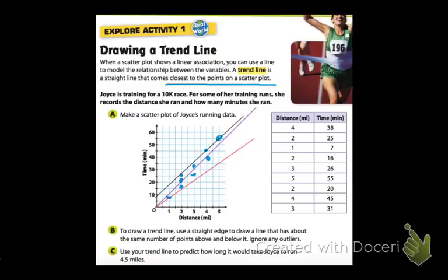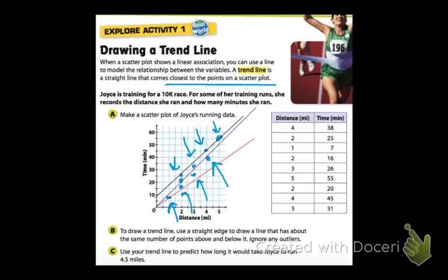If you take a look at the purple line, the purple line does touch a couple of my points and then has 1, 2, 3 that would be above it, 1, 2, 3, 4 points that would be below it. And you could maybe even count this as 1 above it as well. So we've got 4 above and 4 below.